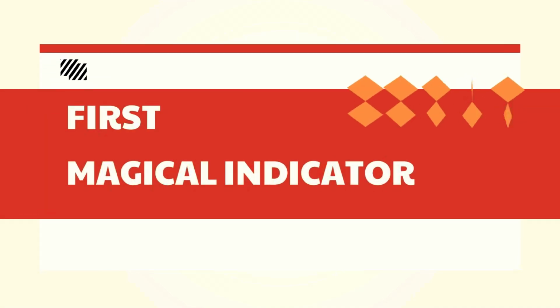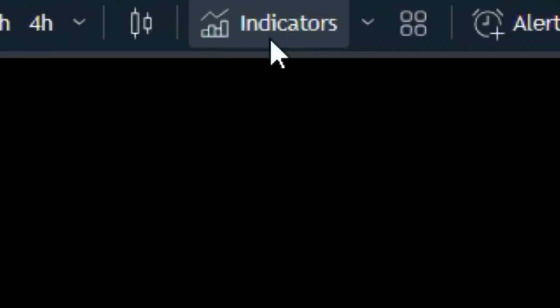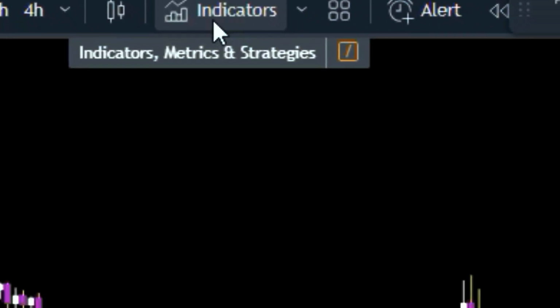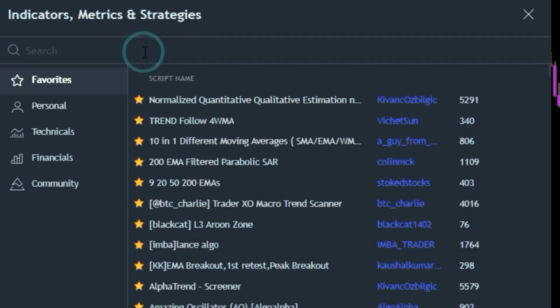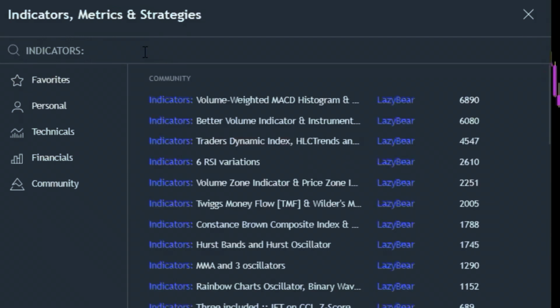Let's get started by locating the indicators we need for this strategy. Head over to the TradingView indicator section and we're going to search for a couple of specific indicators. The first indicator is called MMA and oscillator. Once you see it in the search results, click on it to add it to the chart.